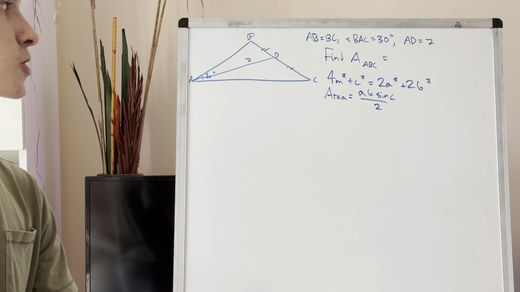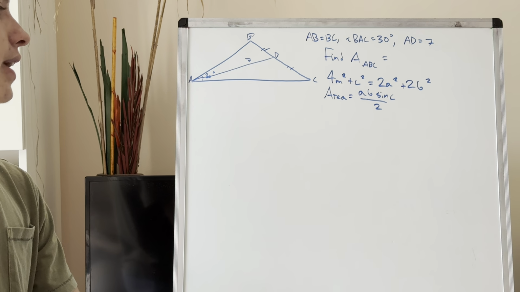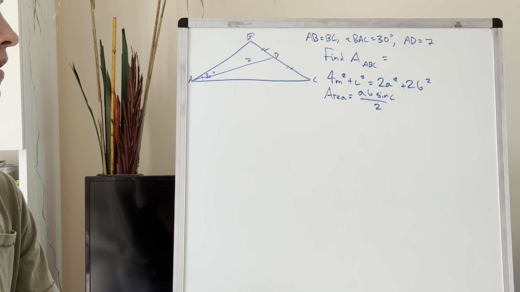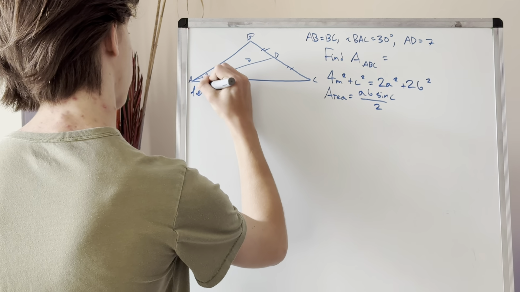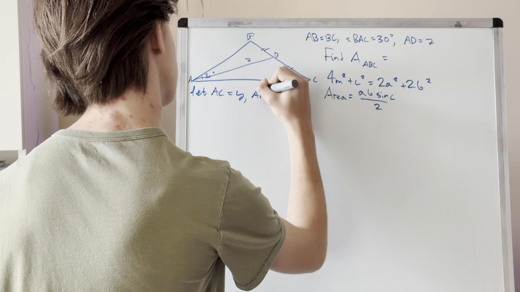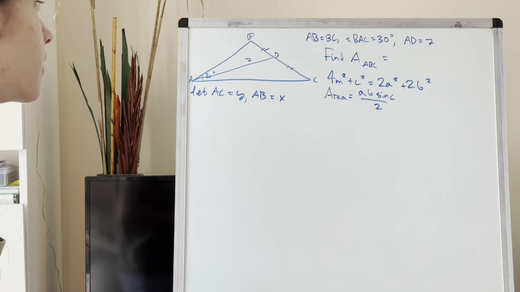What we'll have to do is make some system of equations with two unknowns, and then find those two unknowns to later help us. So let's start by saying that AC is y, and AB, which is the same as BC, is x.